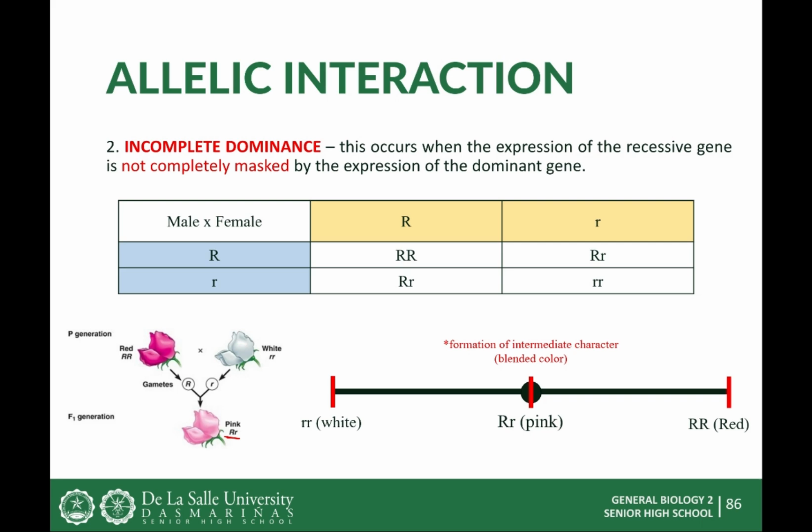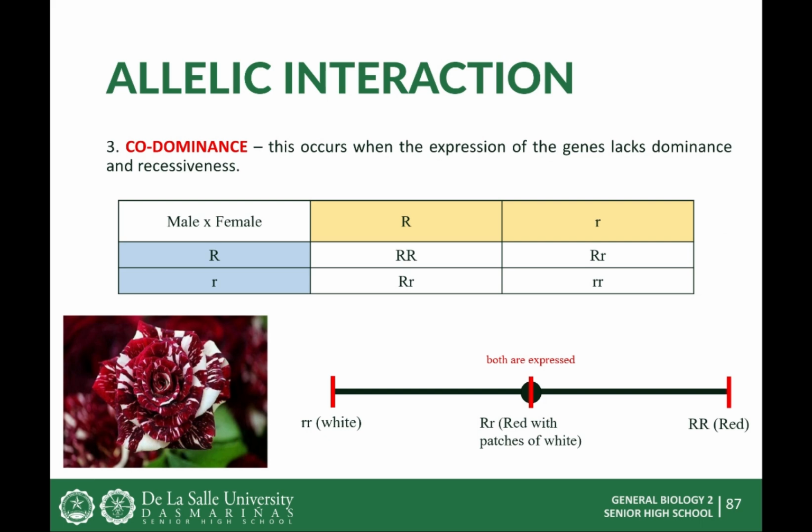Same with this. The red, which is homozygous dominant, crossed with a homozygous recessive, which has a phenotype of white, will produce a heterozygous genotype with a pink phenotype. So it is the formation of an intermediate character, or in simple terms, a blended color.